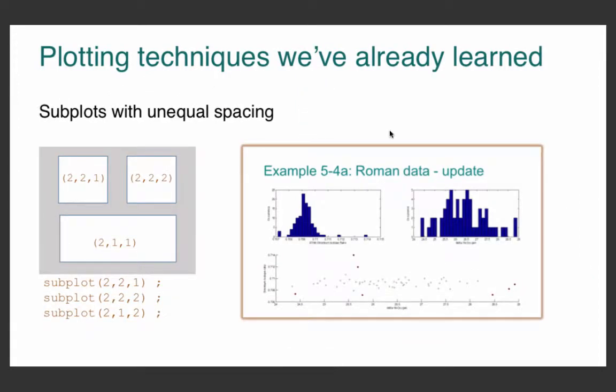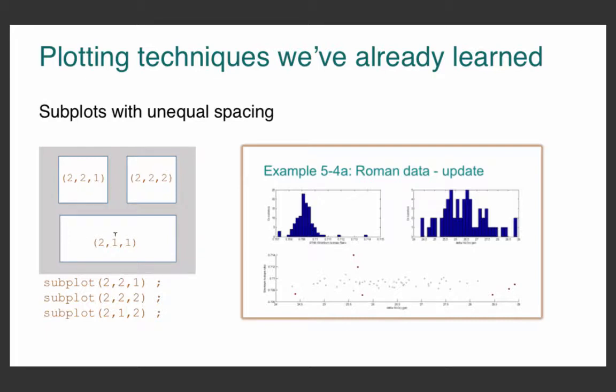Okay, so let's look at some plotting techniques we've already learnt. We can do subplots where one of the plots might take up two subplots. The way we would do this is that for the first subplot, you imagine a 2x2 grid, and this is the first one in the 2x2 grid. For this one, you imagine a 2x2 grid again, and this is the second one. But for this last one, you imagine two rows with one column, and that actually should be a 2 there.